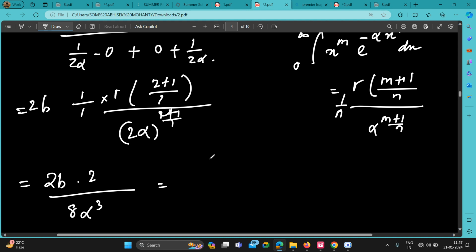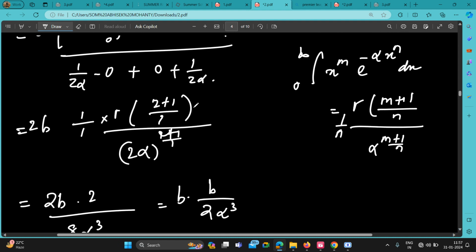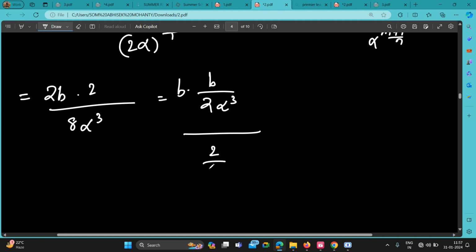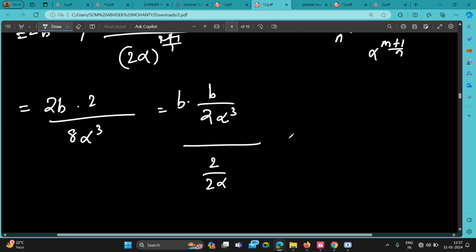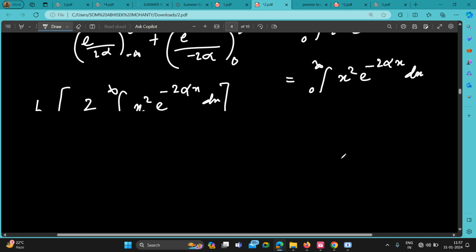So b over 2 alpha cube is the numerator, and the denominator is 2 by 2 alpha. Yeah, is that right? Twos cancel, alpha alpha gives alpha square. So b square by 2 alpha square. I hope that's correct. If anywhere there is a mistake, please let me know in the comments.